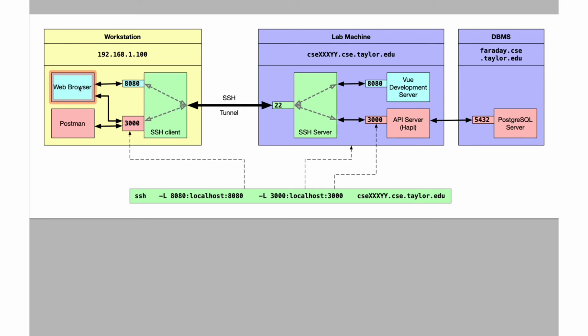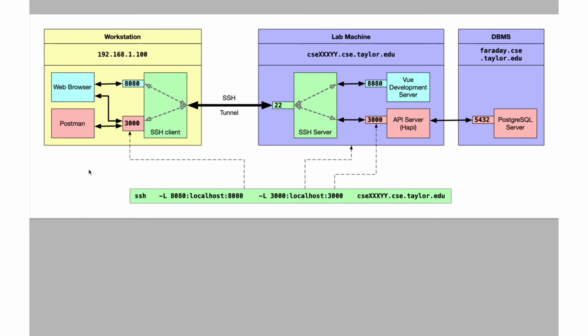And when a web browser connects to that, it's going to recognize that it's forwarding that port. It's going to send the traffic through the SSH client over the SSH connection to the SSH server on the far side in such a way that the server says, hey, this is traffic that's destined for a different process here on the lab machine. In particular, we can configure it, for example, to send that traffic to port 8080 on the Vue development server that we're running over on the lab machine.